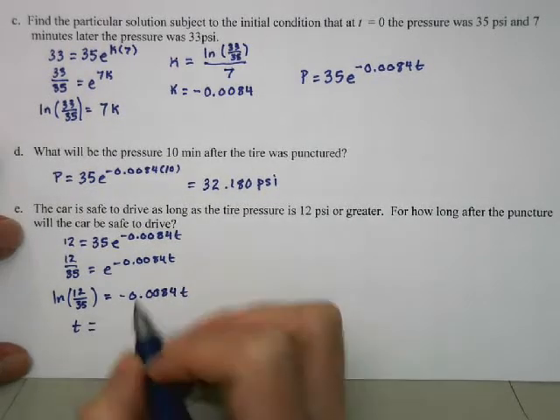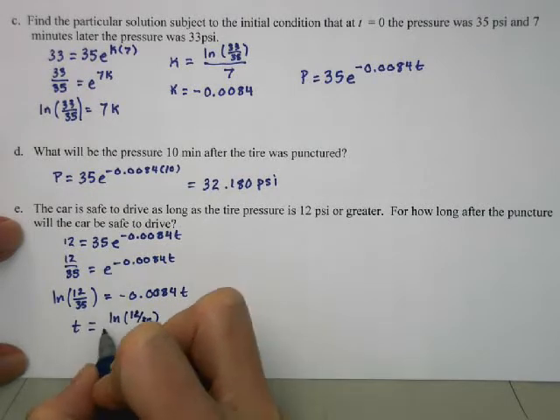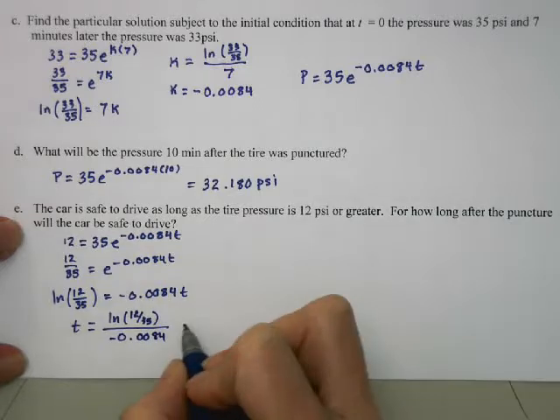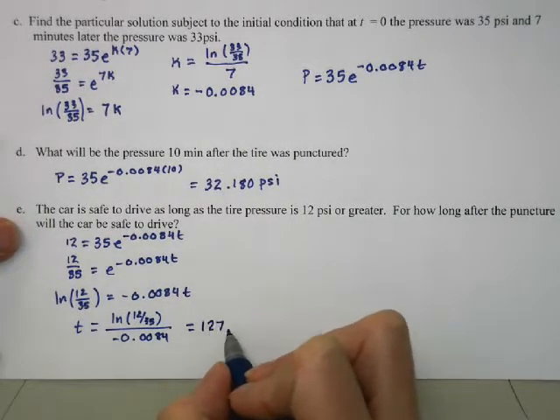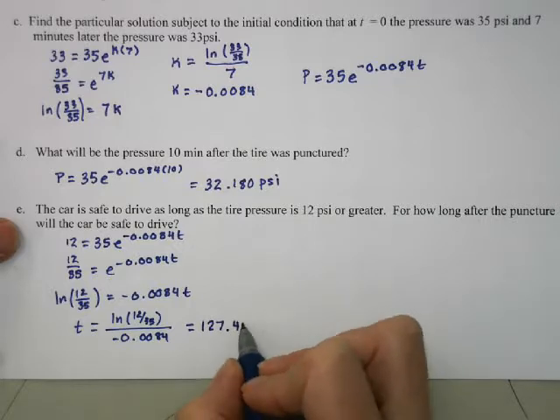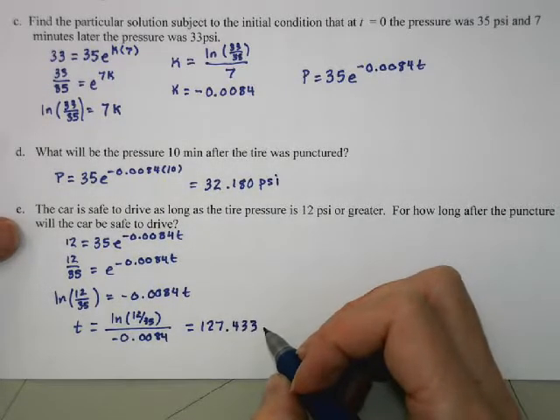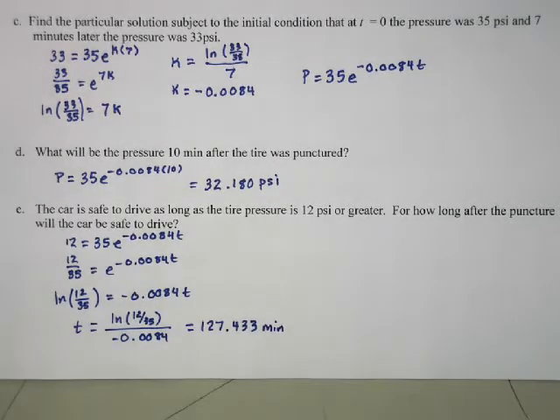So our t is going to be the natural log of 12 over 35, all over negative 0.0084, which gives us a time of 127.433, and our time units were in minutes. So you've got about 2 hours till you're in trouble.